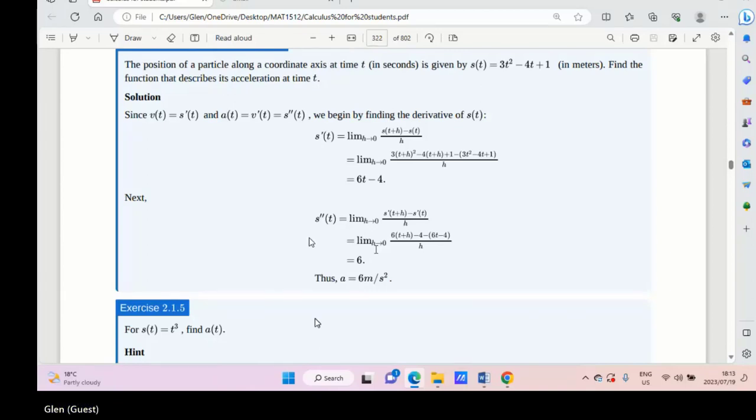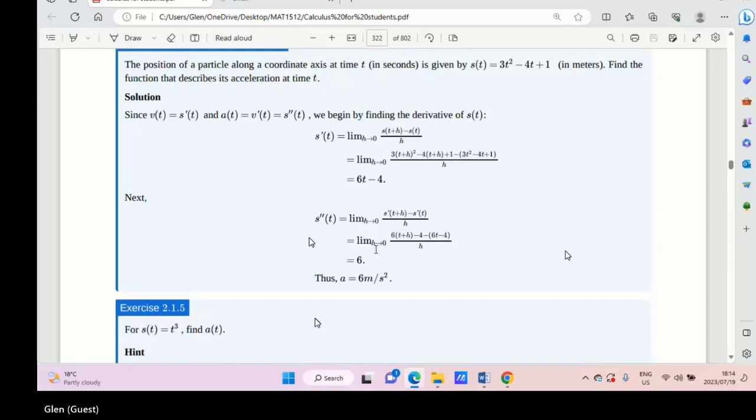Okay. So I used the first principle, f of x, f'(t) equals the limit as h goes to 0 of (t plus h) cubed minus t cubed, over h. That gives t plus h, open bracket t squared plus 2th plus h squared, close bracket, minus t cubed, over h.